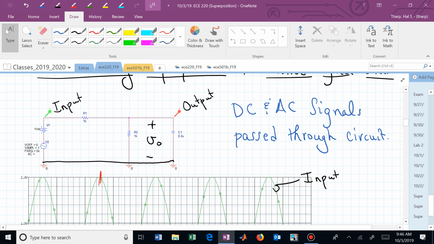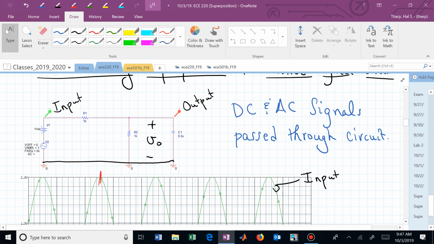Is it closer to 160? Is it closer to 1,000? Is it halfway between? You know how to combine resistors in parallel. You take 160 times 1,000, divide by 1,000 plus 160, and you get something a little less than 160. Say 140.